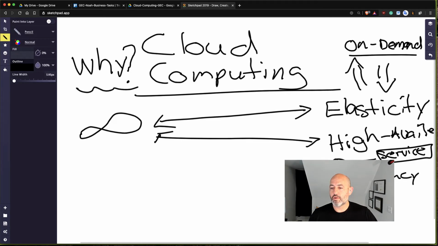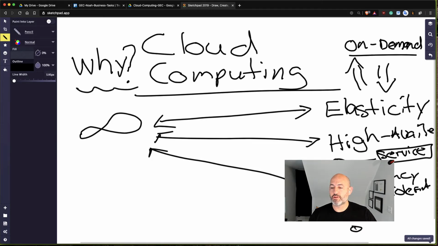Redundancy or fault tolerance is related to high availability in that it's a building block. In the case of this highly available service, why is it highly available? Well, because you can get more capacity, and additionally, you have more than one set up.